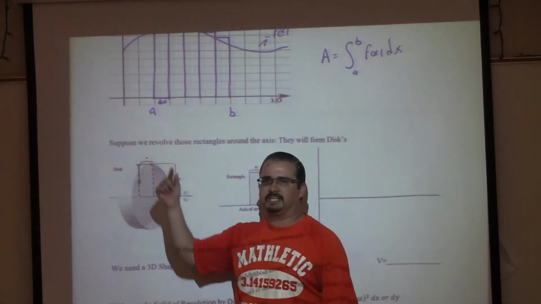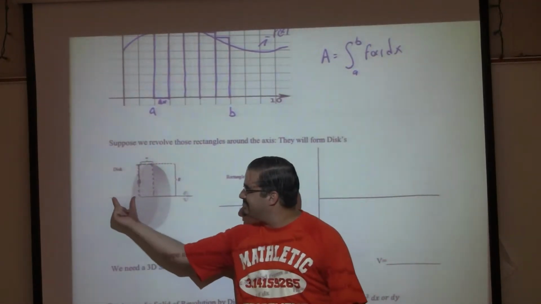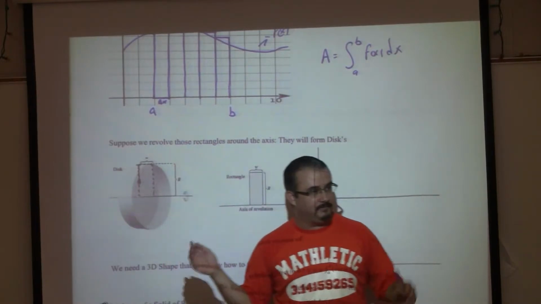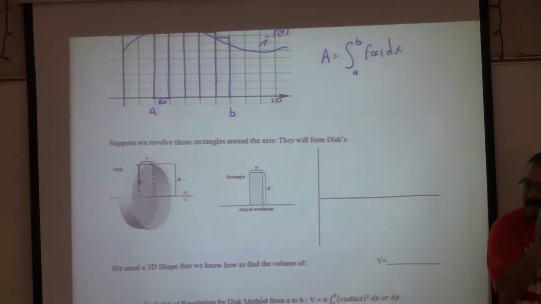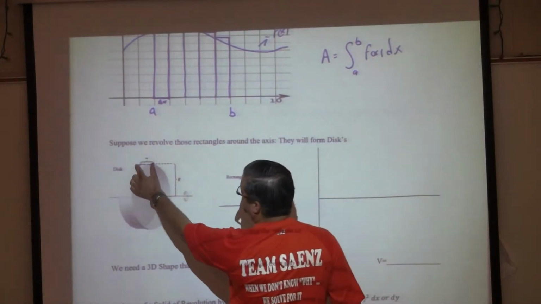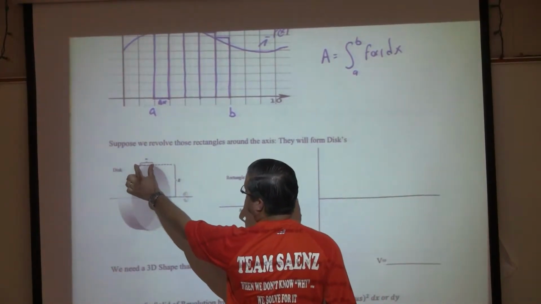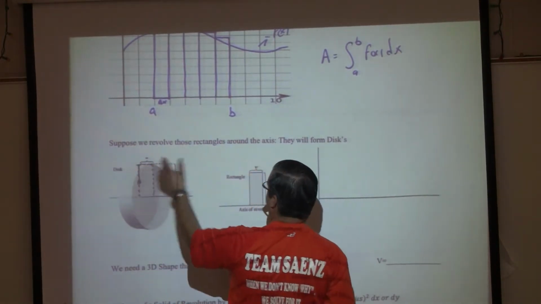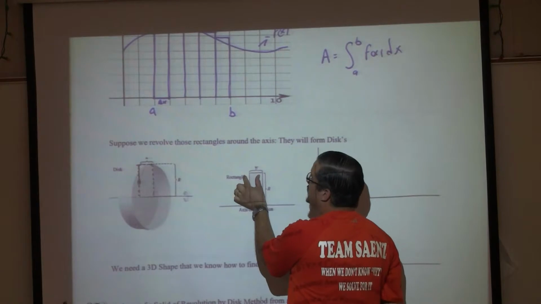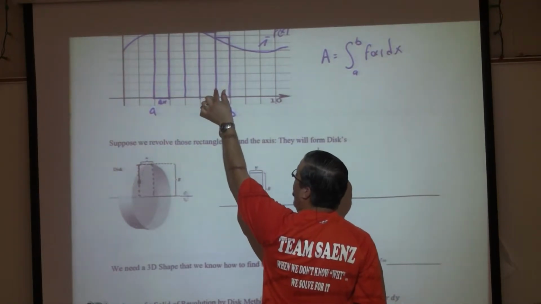Okay, and the reason we're calling it a disk is because we want that height of that cylinder to get what? We want that height, right? That height, do you see the height? If I were to get this disk and turn it over, the height would be the same as that delta x, which we wanted over here to get what?